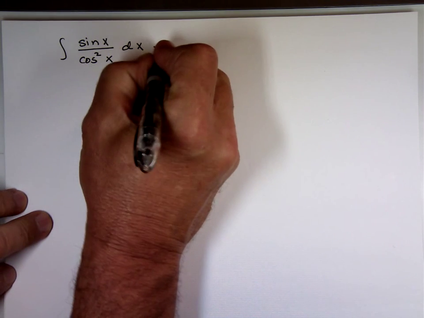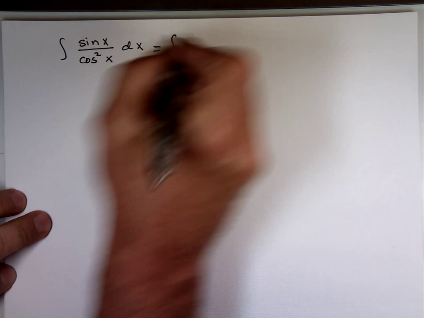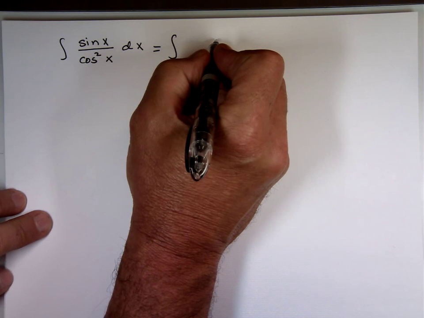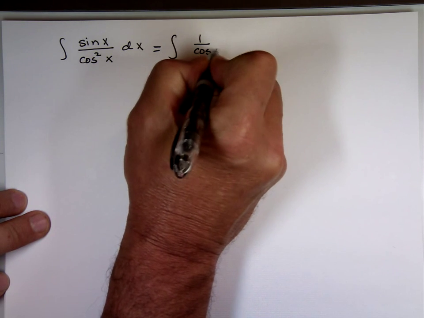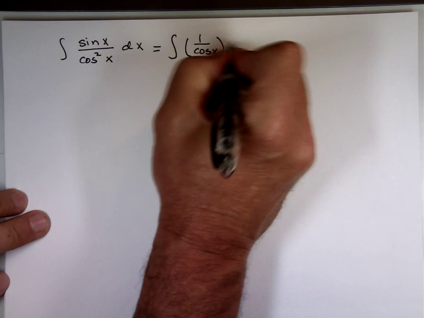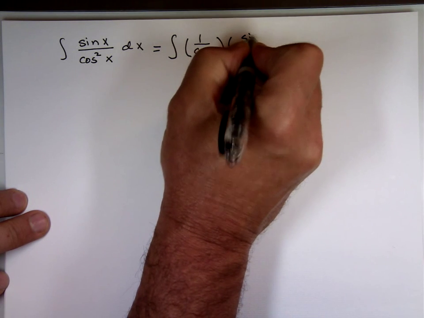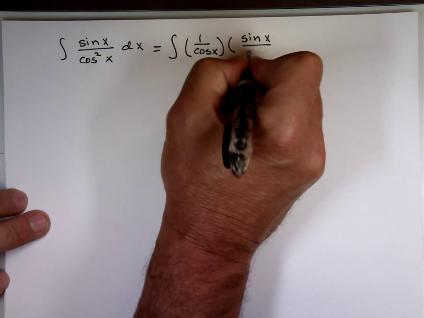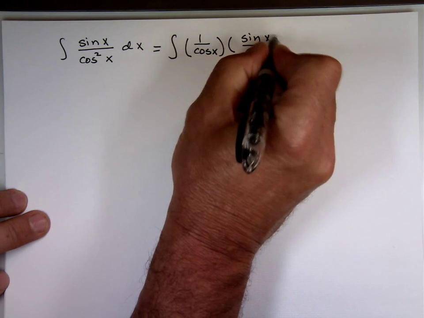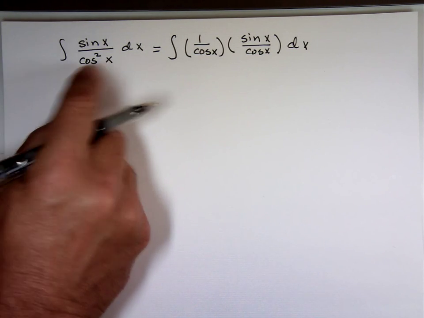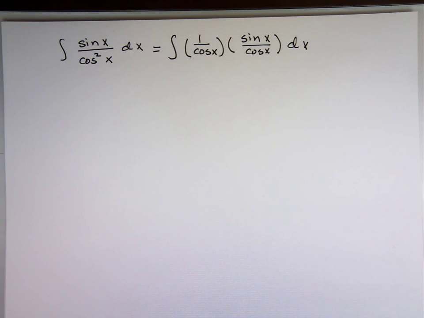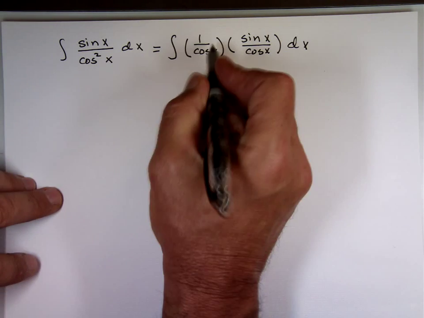I'm trying to be creative here. Can I write this as 1 over cosine x times sine of x over cosine x? Can I do that? Yeah. I took one of the cosines and moved it to the front. And the reason I did that: what's 1 over cosine?